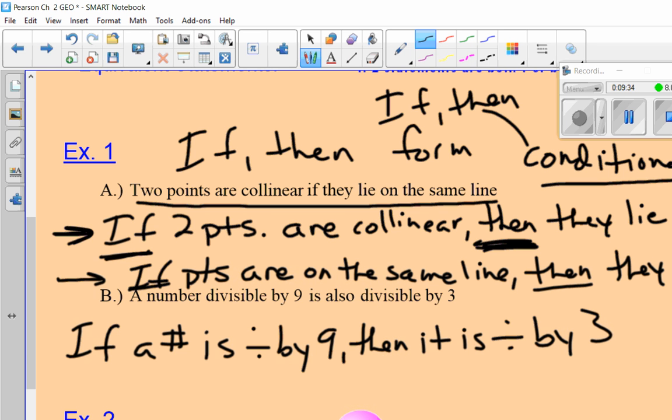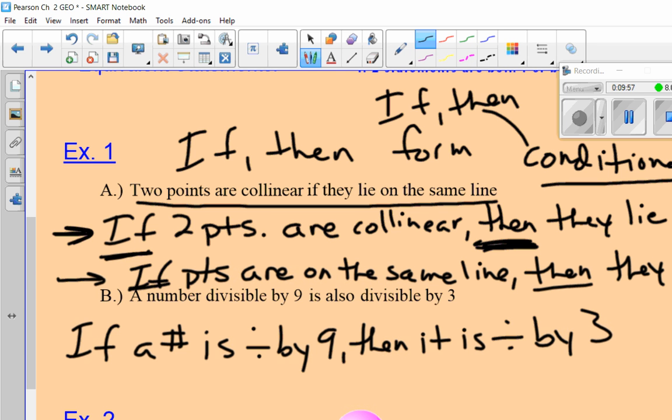But let me flip it around. If a number is divisible by 3, then it's also divisible by 9. We're looking for whole number answers. Let me say it again: if a number is divisible by 3, then it's divisible by 9. Well, that's not really true, because 6 is divisible by 3, but it's not divisible by 9.